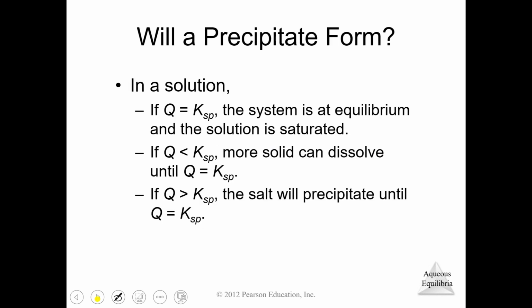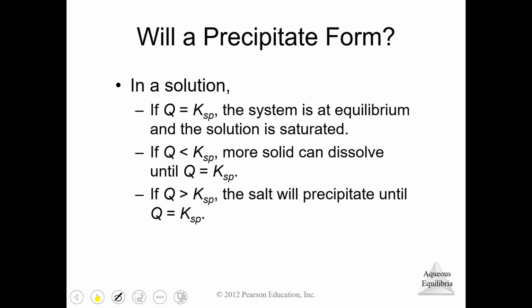So will a precipitate form in these reactions here? Well, we know what's going to happen based on the reaction quotient versus K. Remember, K is at equilibrium and Q is any point outside of equilibrium.